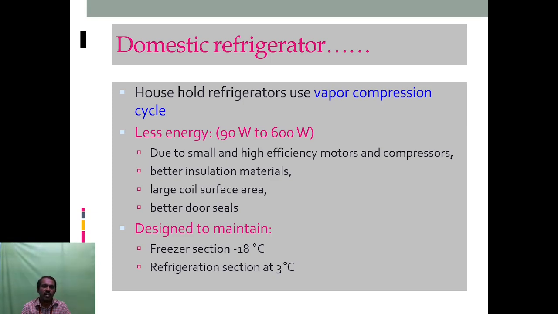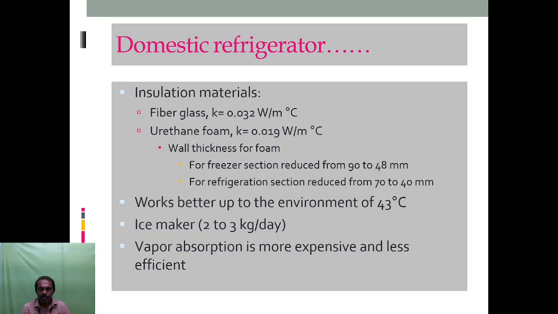Most real-time applications like our home fridges use the vapor compression cycle, because it uses less energy, due to small and high efficiency motor and compressor, better insulation material, large coil surface area, and better door seal. The design of the main freezer section is minus 80 degrees Celsius, and the refrigeration section is at 3 degrees Celsius.